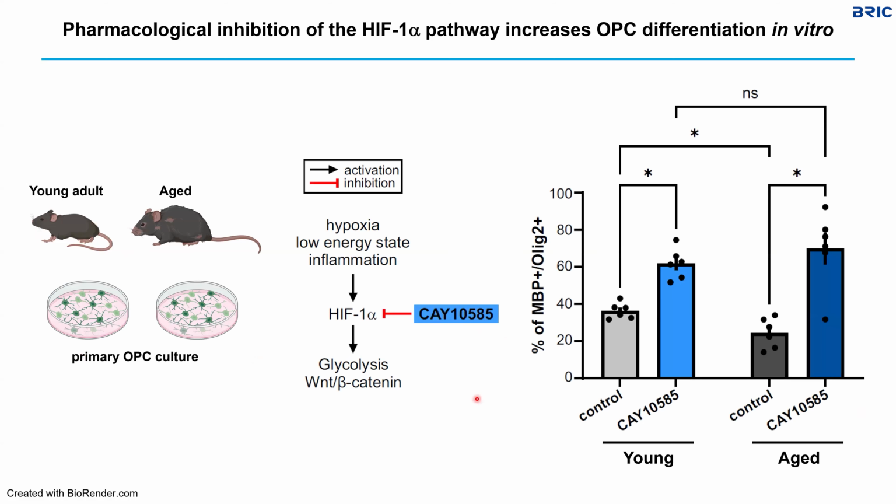And what we saw is that if you were to quantify the MBP positive myelinating oligodendrocytes in culture, comparing the control to the drug treated, HIF-1 alpha inhibition can increase the differentiation of OPCs in both young and aged OPCs, suggesting that HIF-1 alpha activation could be detrimental to OPC differentiation, and inhibition of that pathway or that activation can increase the differentiation potential of OPCs.